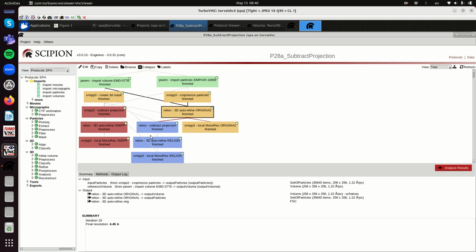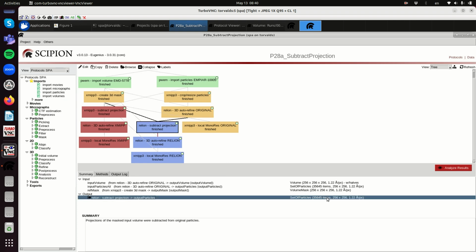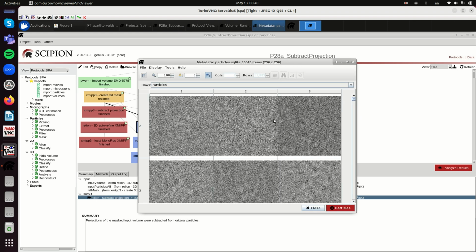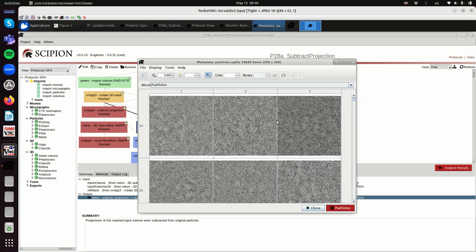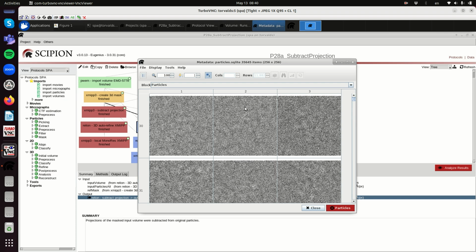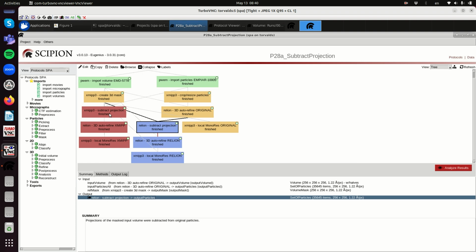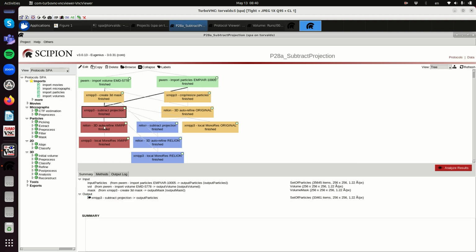And we haven't seen the subtracted projections, so they look like the standard particles, and simply by bare eye we cannot say whether there is the nanodisk or not, but from the reconstruction we see that it has been removed.